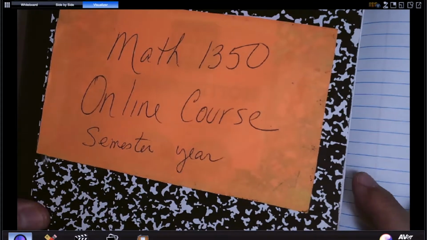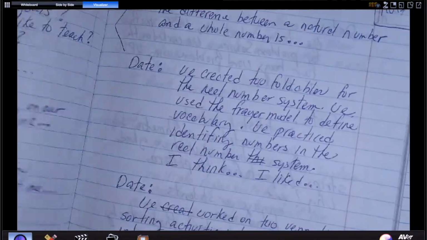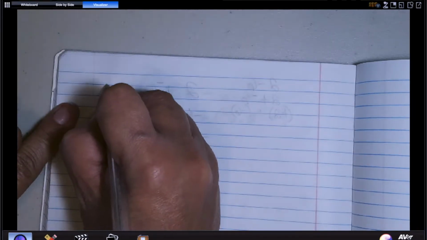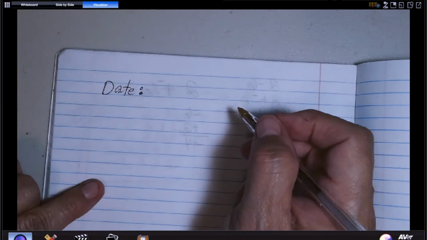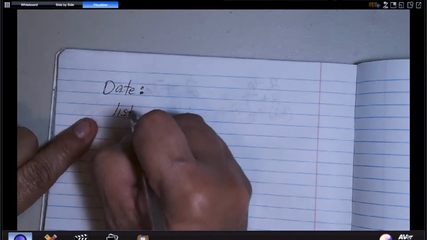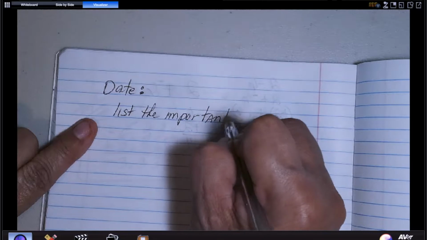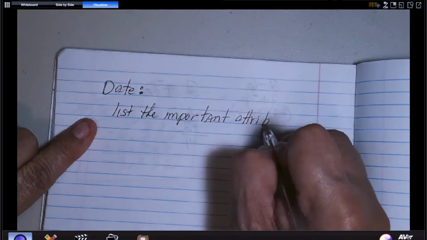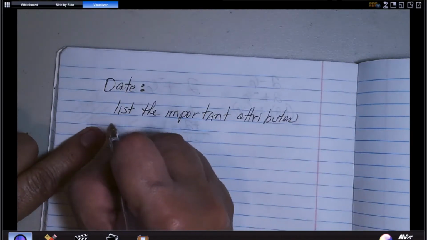Okay, so here's my notebook. I'm going to open it upside down toward the back, go to my reflections, and write this one down. Let's put today's date, whatever date you're watching the video, and we want to list the important attributes of the Hindu-Arabic numeration system.